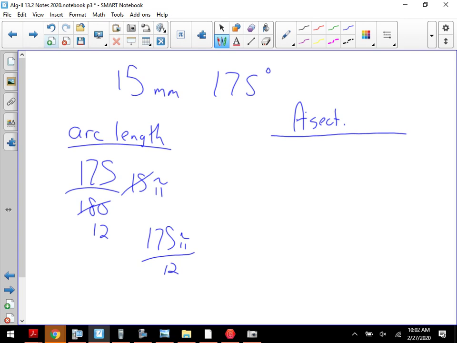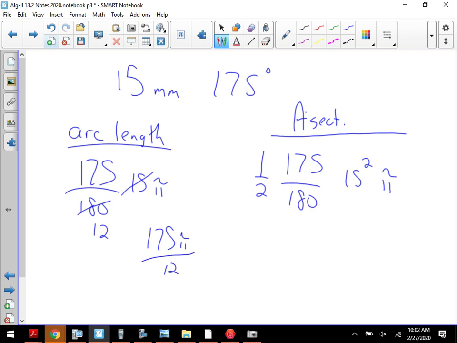If I do the area of the sector, again, it's my angle over 180. Then I have to do 1/2, then my radius squared, which was 15 squared, and then I got to put a pi in there. This one isn't as clean.